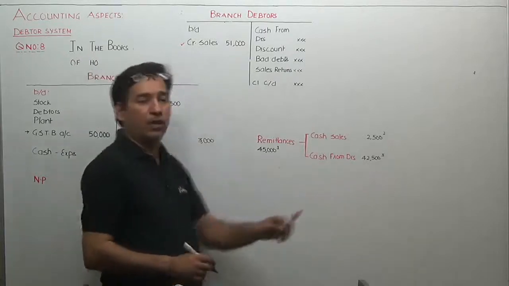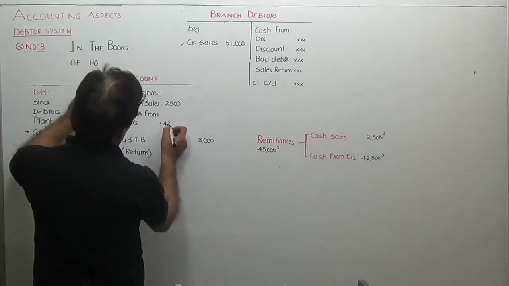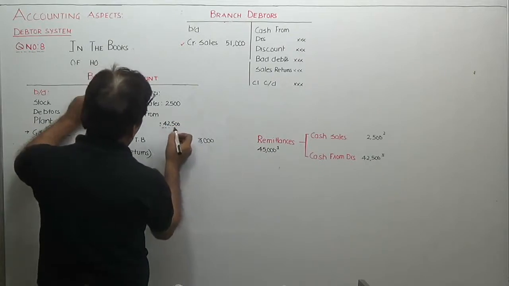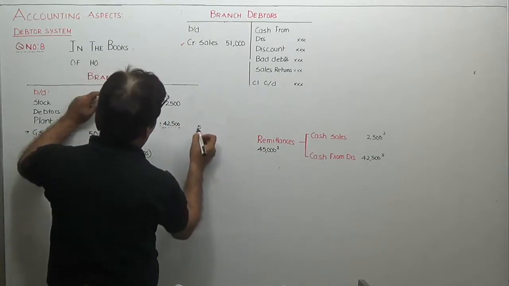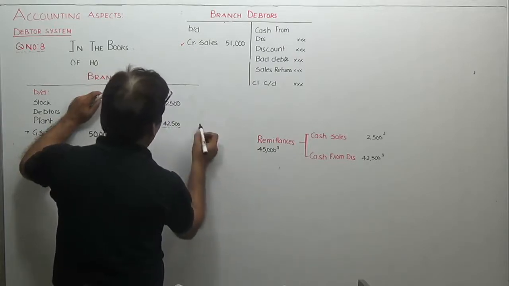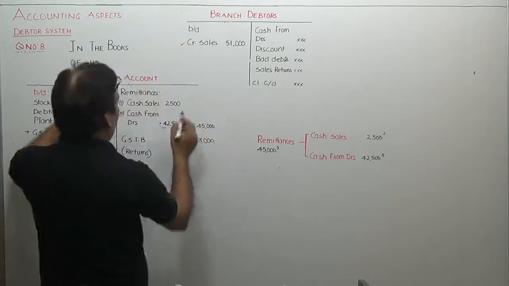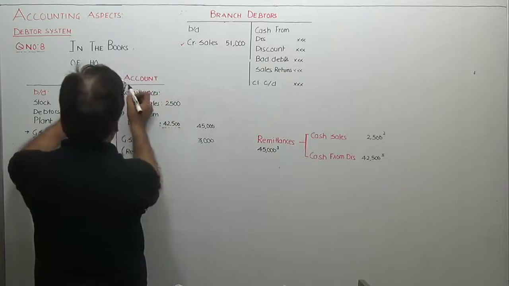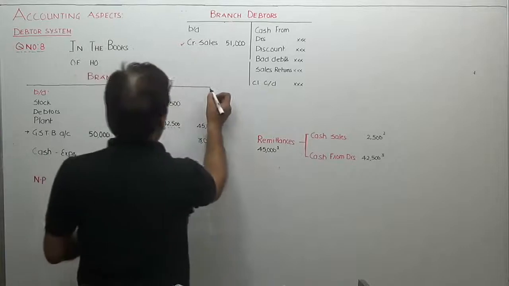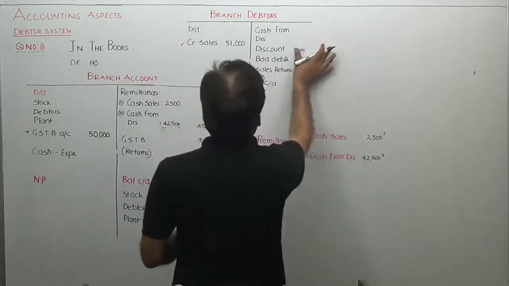Now we can write it here: cash receipt from debtors 42,500, and in the outer column 45,000, which is the total amount of remittances. Now, it is important to understand that cash receipt from debtors also comes in the branch debtors account.